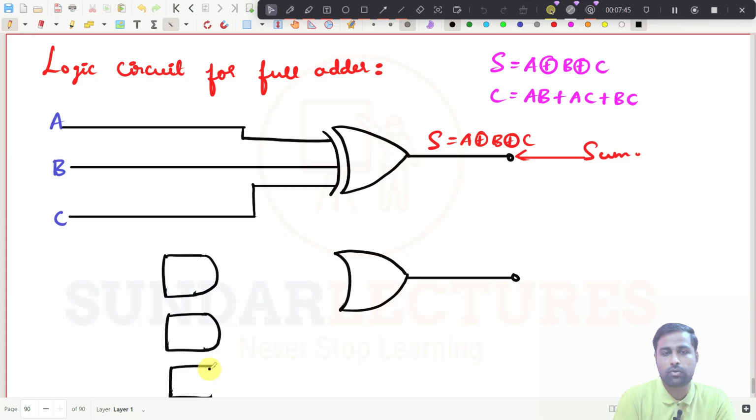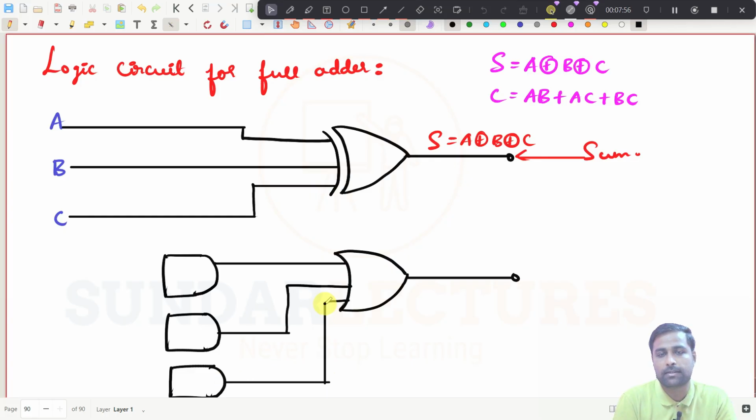So this is now, and the OR gate, right? This one has to come like this, and this one has to come like this. So what should be the input of this one now? This should be AB, and this should be AC, and this should be BC, right?